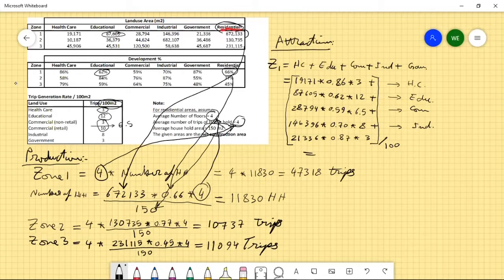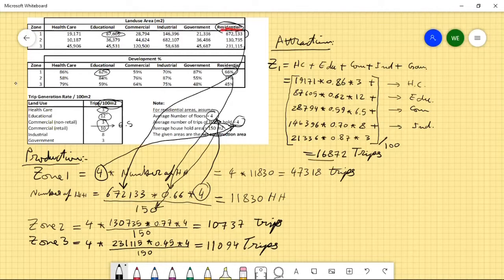Okay. The number came with me here. It's 16,872 trips. So that's the attraction for zone 1.